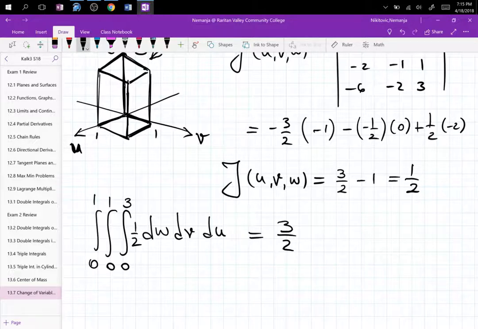Ta-da! Look at that. 4 minutes to spare. We can do another example. Or you can just leave, but another example would be better. That's change of variables in 2 and 3D, and technically with everything else, it's just good luck, right? It's a lot of practice, a lot of work.